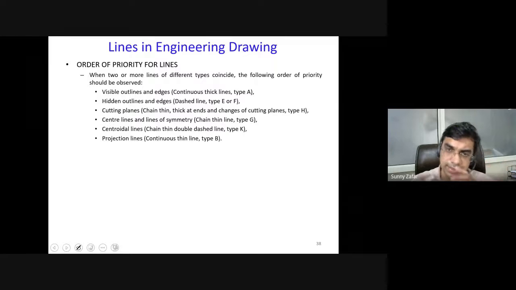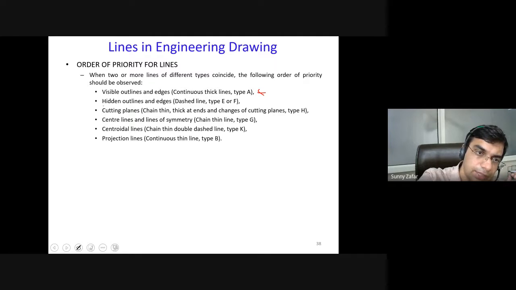So then these lines, they also follow a set of priority. Again, in the current scenario, while actually drawing, you don't have to worry much about the priority. But while reading, you have to see what will be the priority of reading these lines. So generally, the outer visible lines are at the maximum priority.